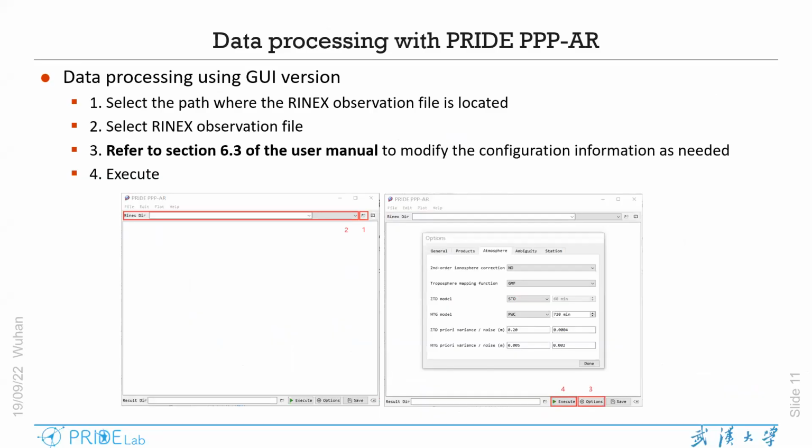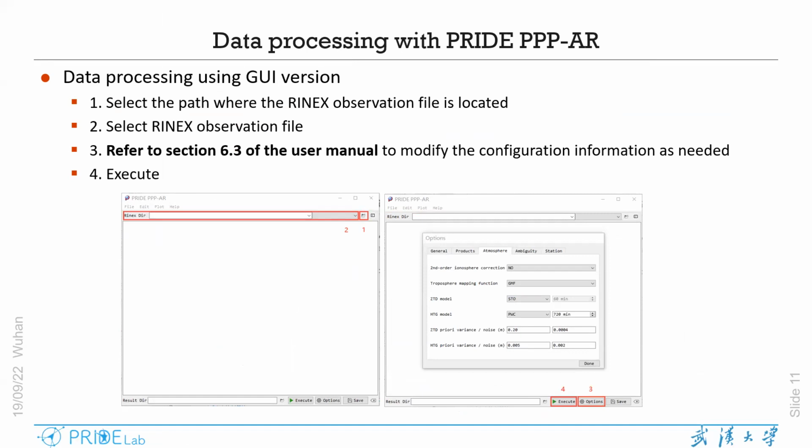The GUI version uses an interface to select the observation file and modify configuration for data processing. The observation file must conform to the standard naming format. Note that the GUI version does not modify the corresponding processing strategy based on position mode or other information.